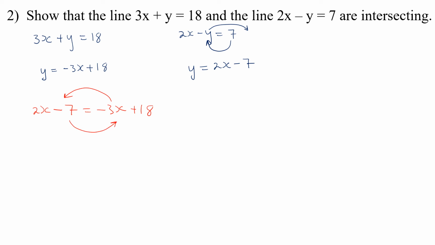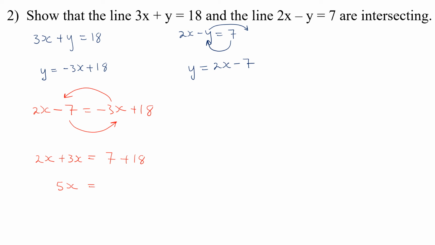So that will leave me with 2x plus 3x. And that will be equal to, remember, this 7 is negative. So when I send him over, it will be positive. So it will be 7 plus 18. And here, 2x plus 3x, 2 lines plus 3 lines will be 5 lines.